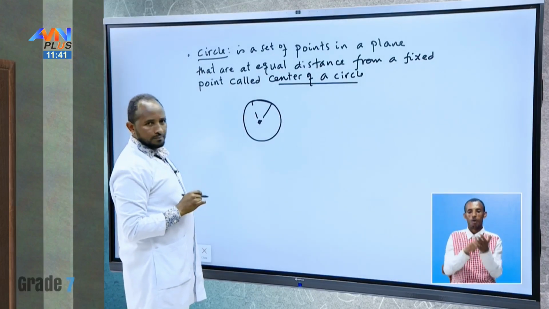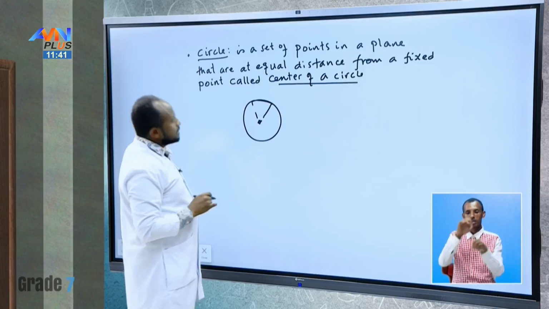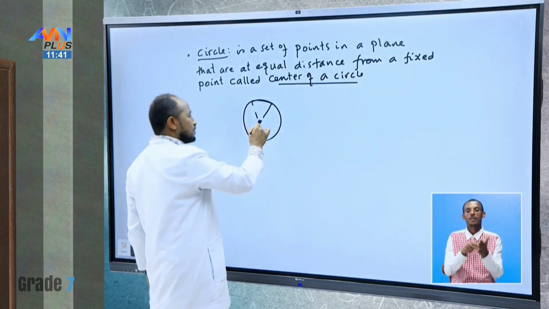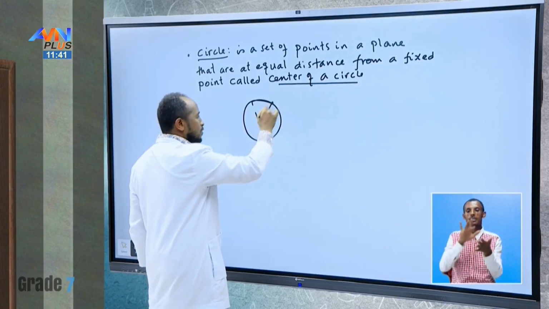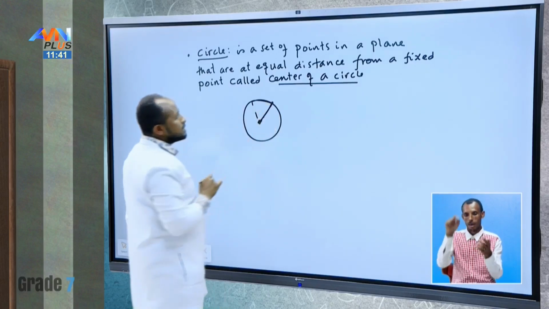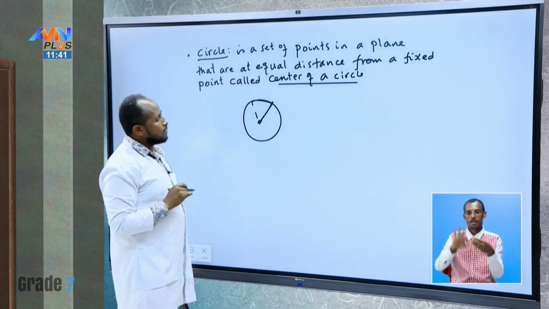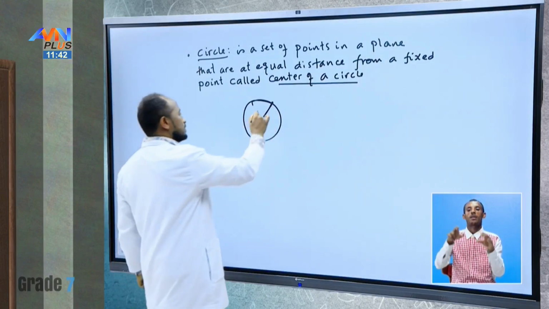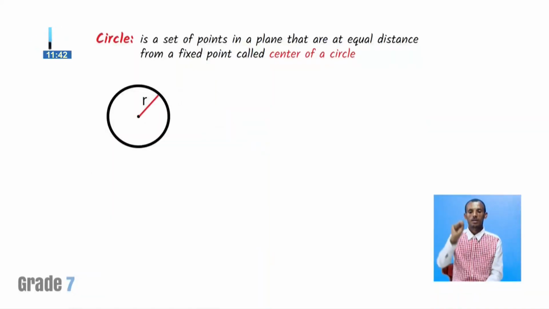So here, the fixed distance from the center to any point on a circle is called radius of a circle. So here, this distance, we call it radius.